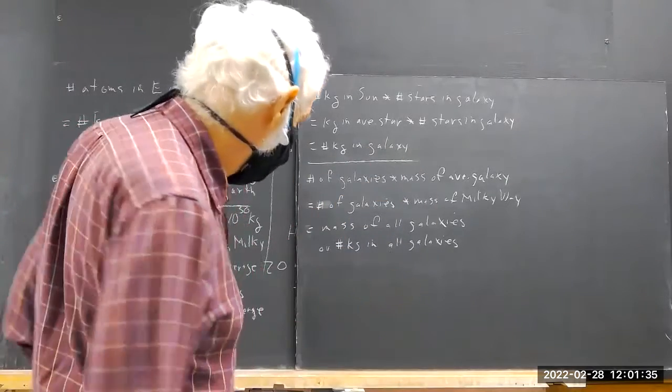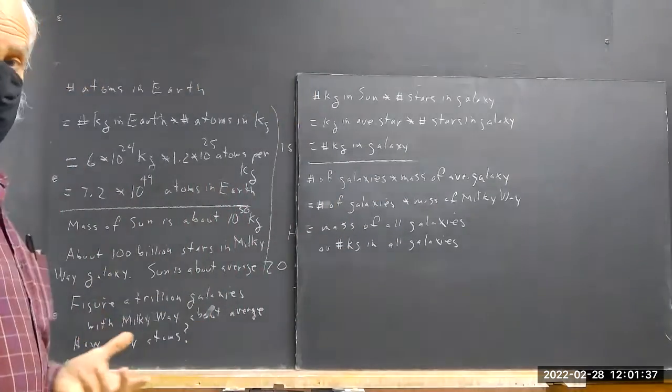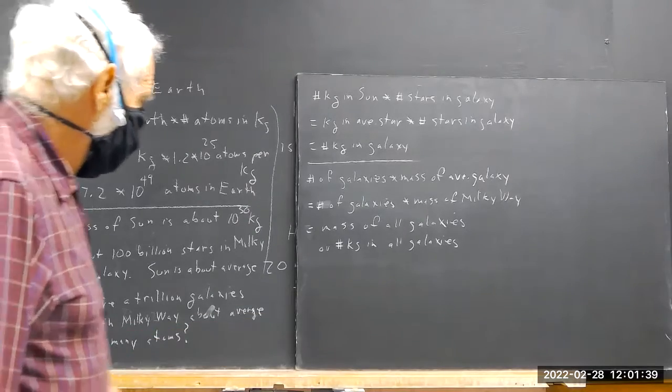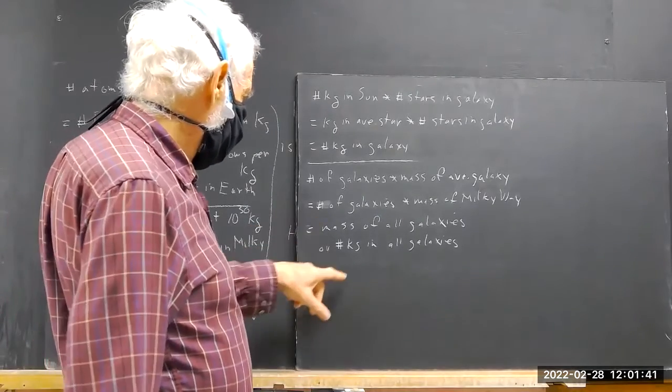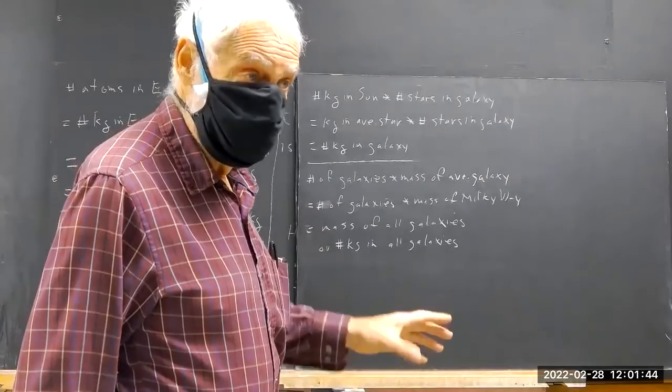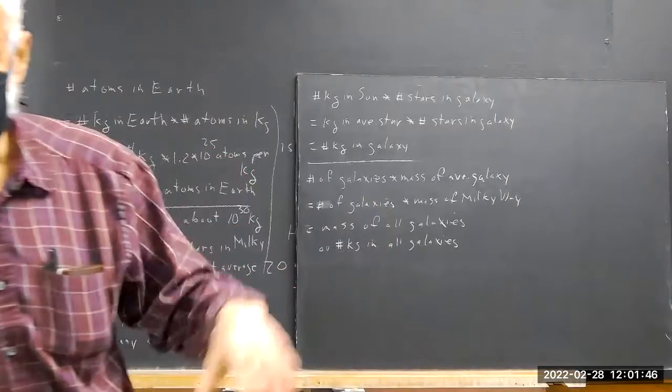It's not exactly equal because we don't really know how many galaxies there are, though we've got a pretty good idea. Mass of all the galaxies, or the number of kilograms in all the galaxies. We'll remind ourselves that the mass is in kilograms.